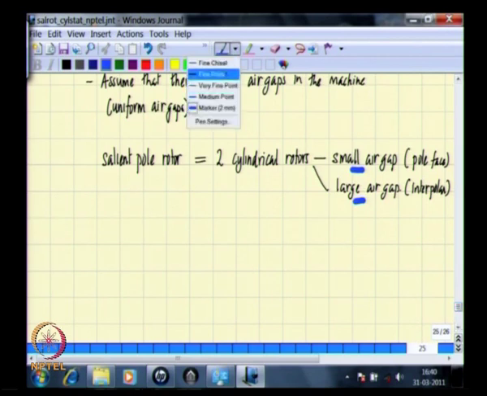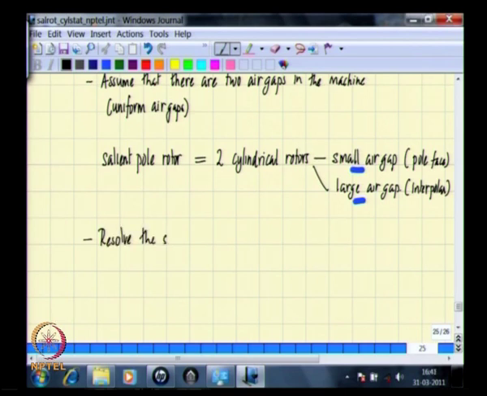What we try to do is resolve the sinusoidal stator MMF. We have assumed that the stator MMF has a sinusoidal distribution around the inner circumference of the stator.